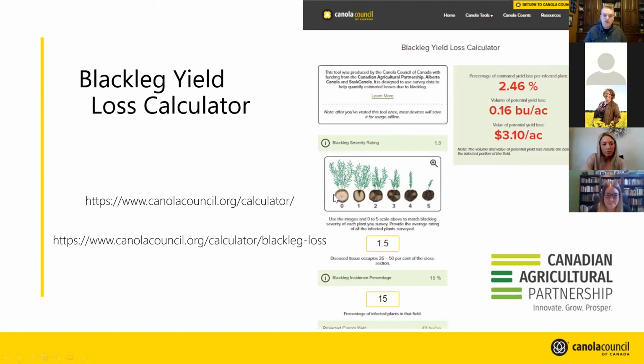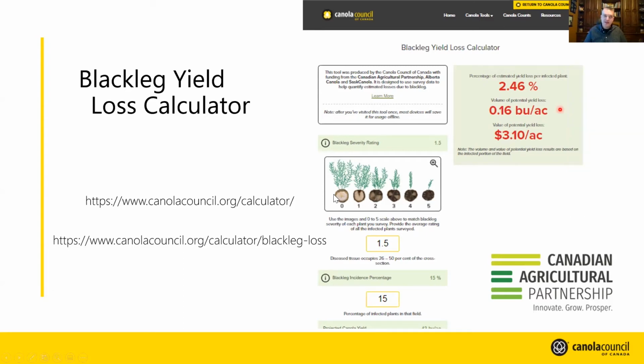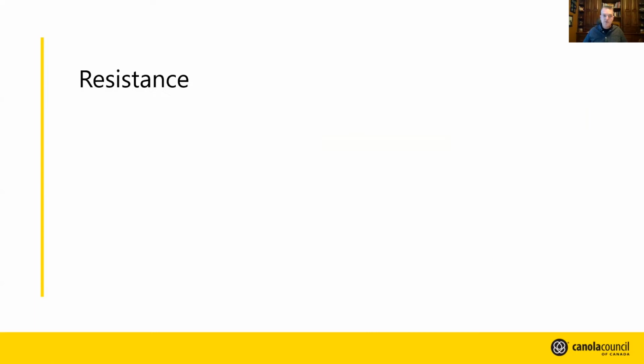If you also put in the price that you expect to receive, it will give us a financial result. Knowing these numbers is really critical for you to determine how successful you are at managing this disease in the longer term.